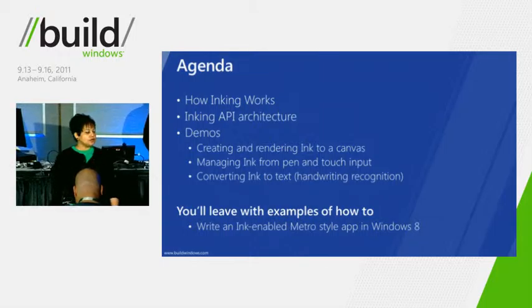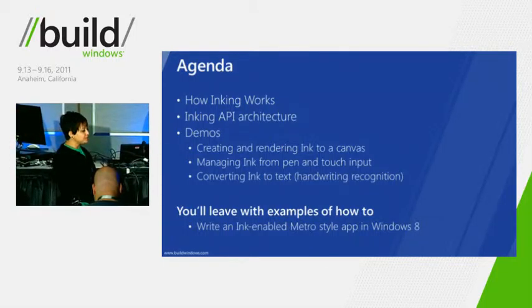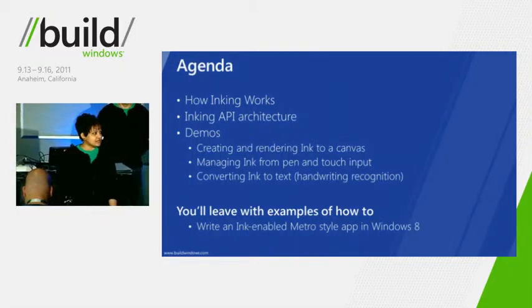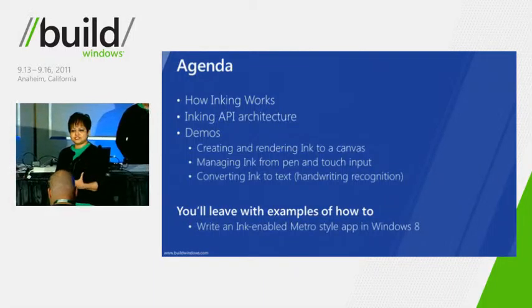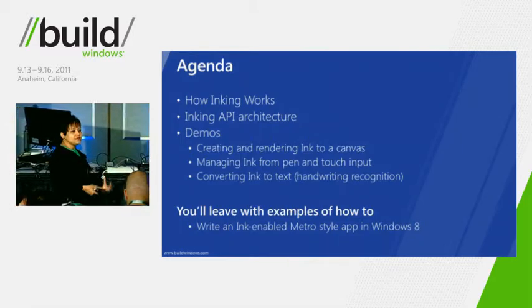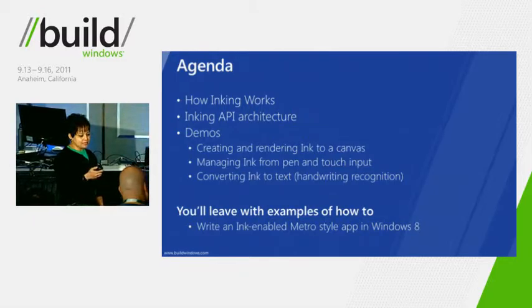So we will do a basic creation and rendering of ink on canvas, some manipulation, and last but not the least, converting ink to text and handwriting recognition. So when you leave today's session, hopefully you are able to create one ink-enabled Metro-style app, or at least add ink to your Metro-style app.